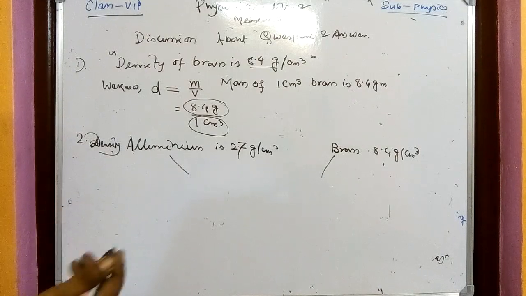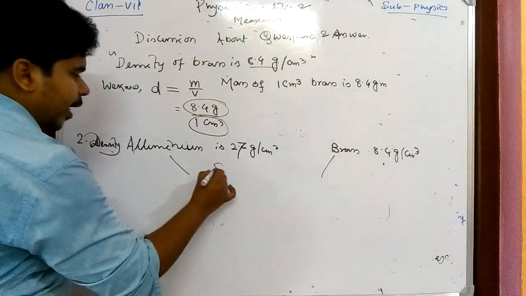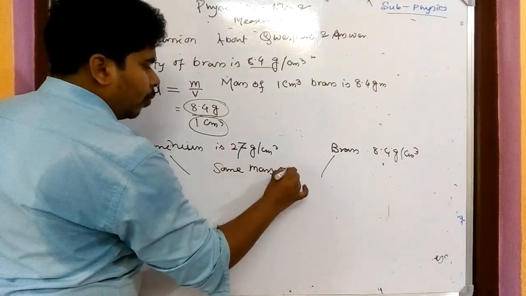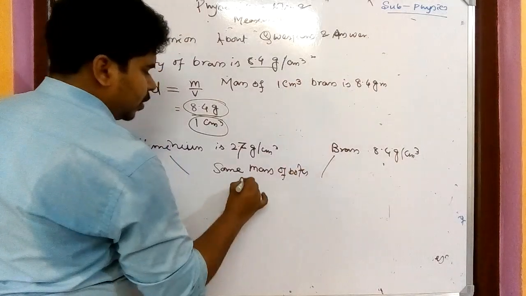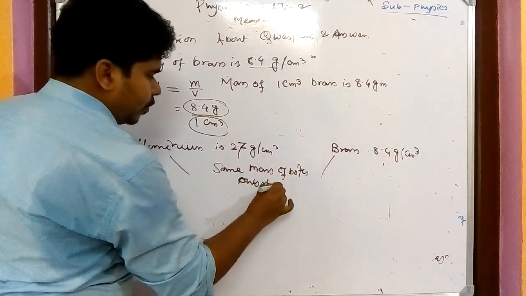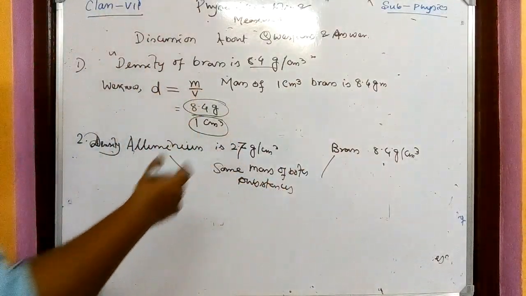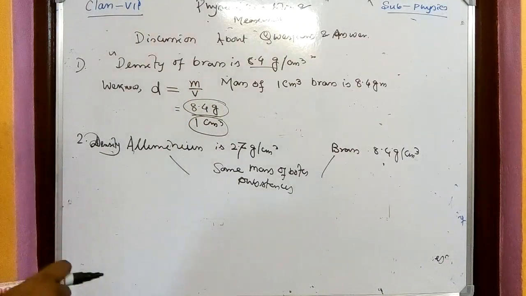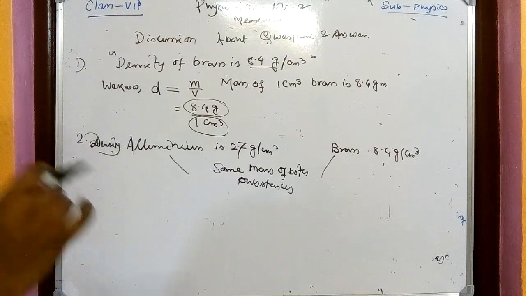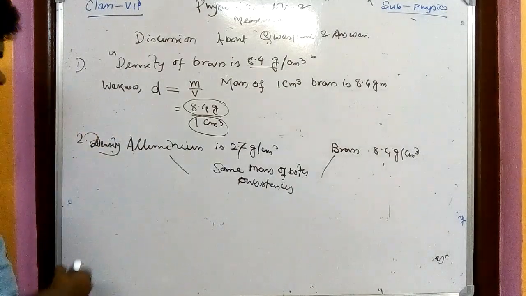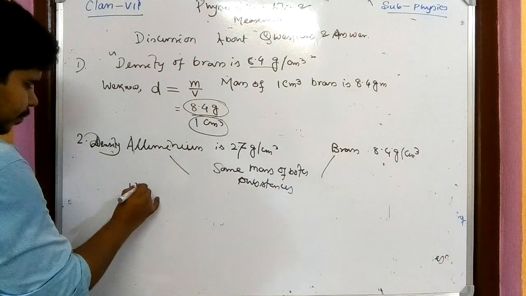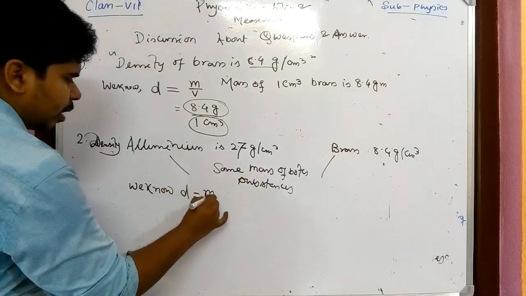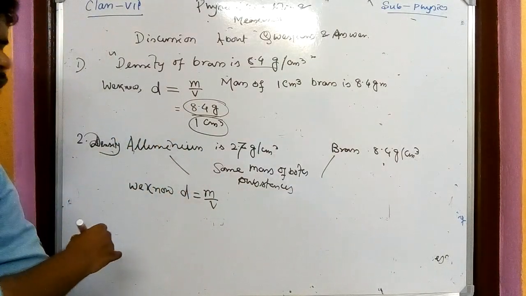Whose volume will be more, if I have taken the same mass of both substances? See, we know density equals mass by volume, right?